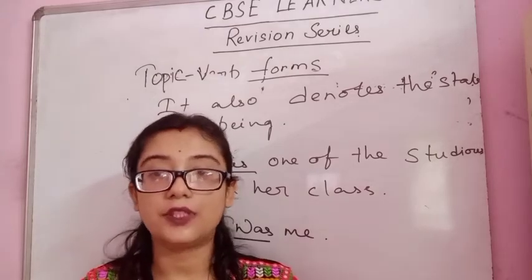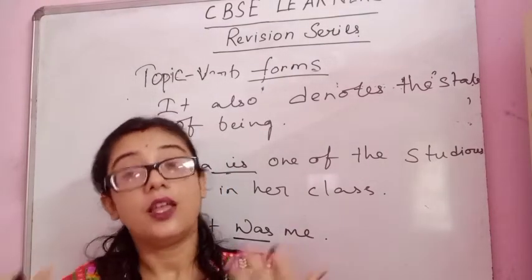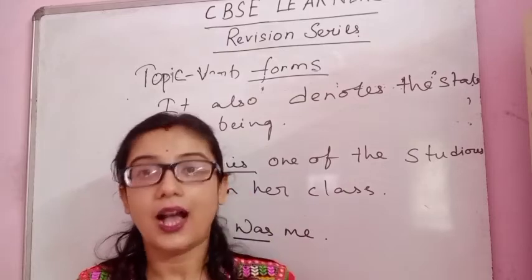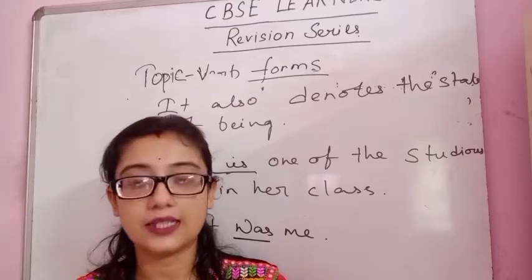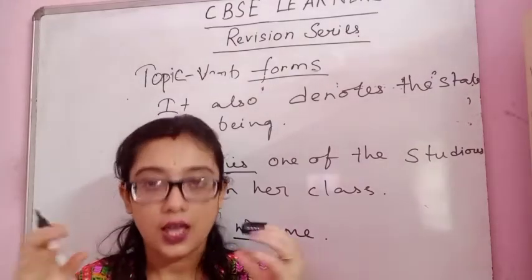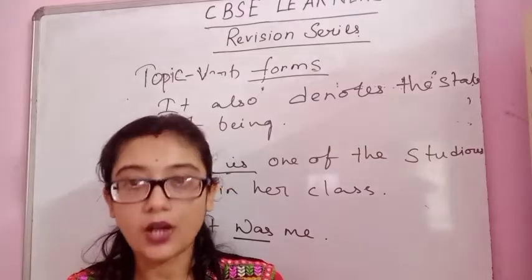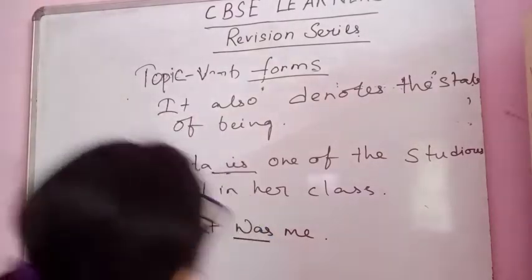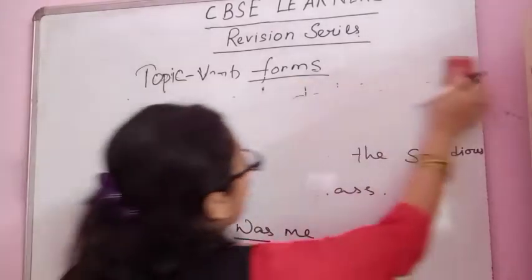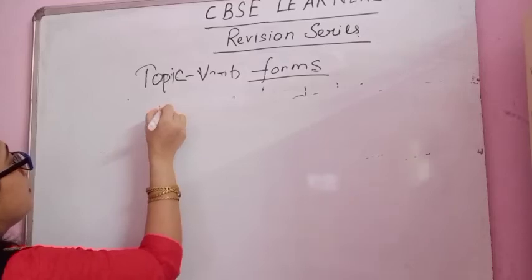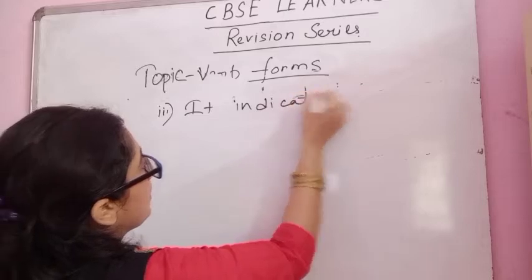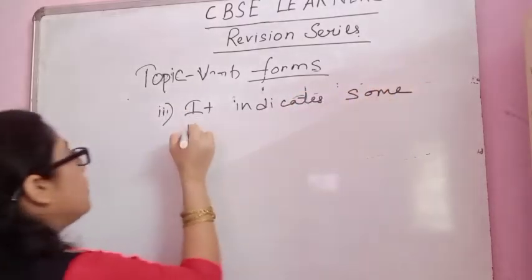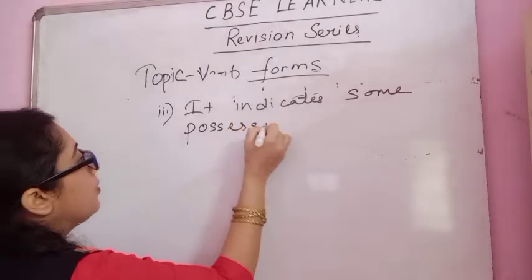Now when we possess something, then also we use a verb. Like, I have a book, she has a car, she has a beautiful dress. These words have, has, had are all verbs, and they indicate possession. The third characteristic of verb is that it indicates some possession.